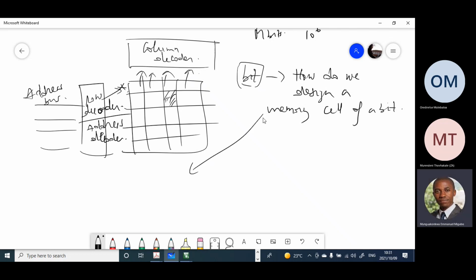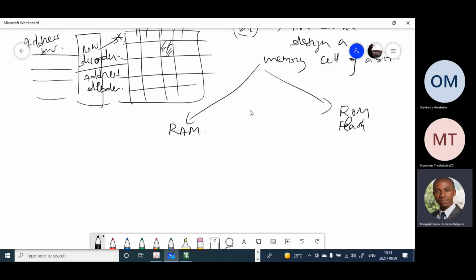First of all, we'll look at when it's ROM, meaning flash, etc., and when it's RAM. When it's RAM, a memory unit of 1 bit, meaning a memory device that can store 1 bit maximum, is a flip-flop. You agree? Agreed.